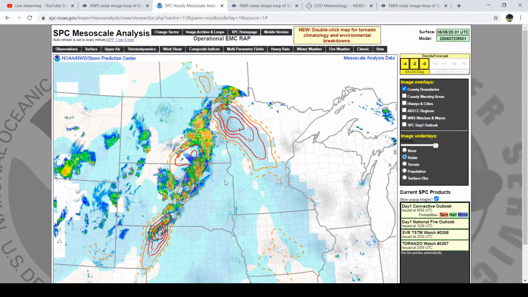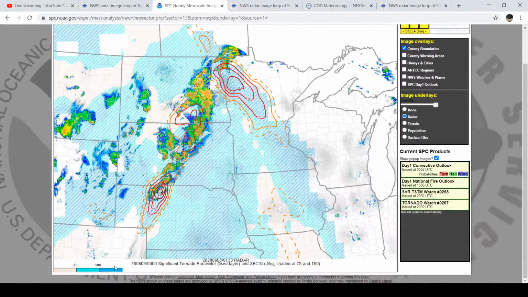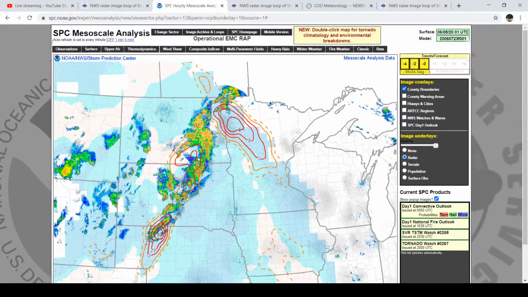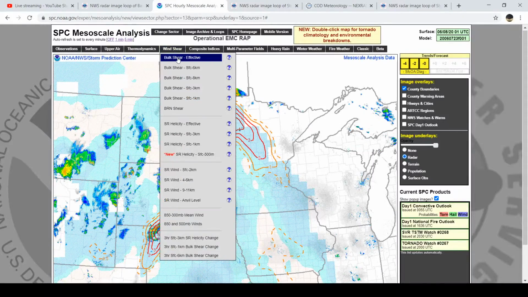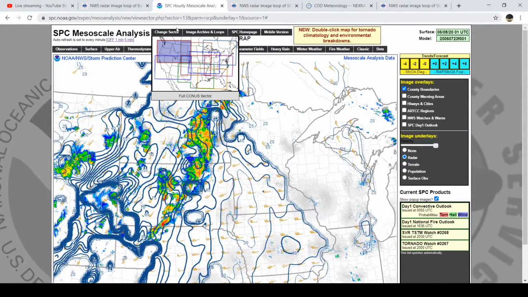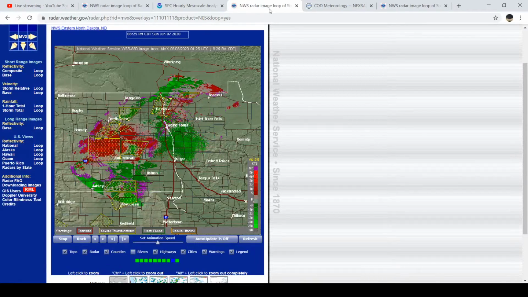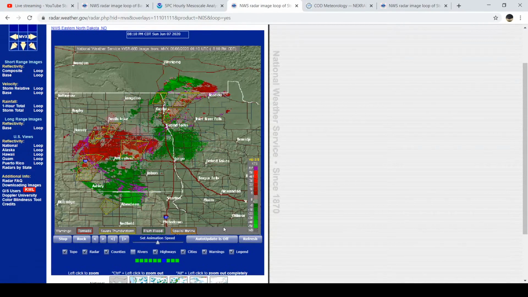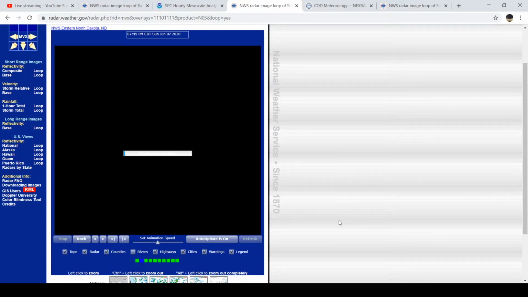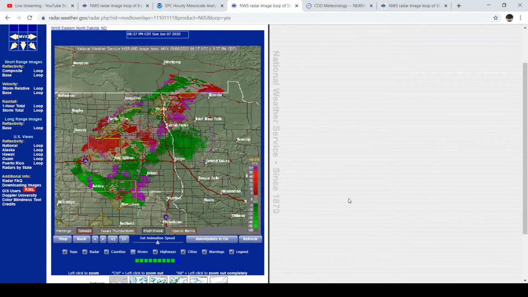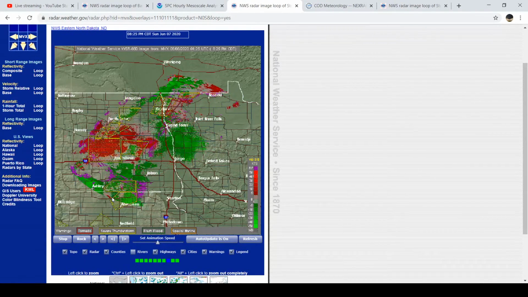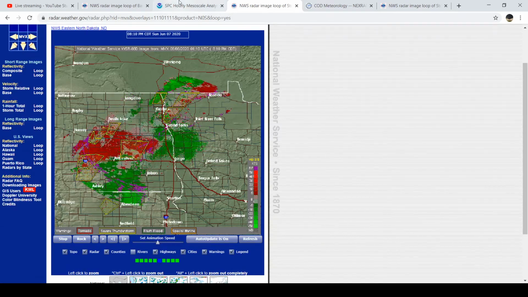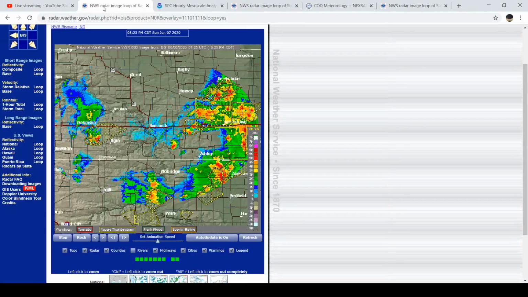Because it looks like this darker blue is over 100. So you can see the couplet on that one. And you can see a broad rotation couplet on the other one.